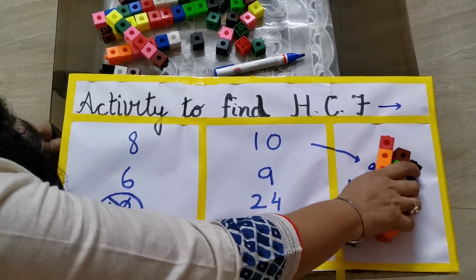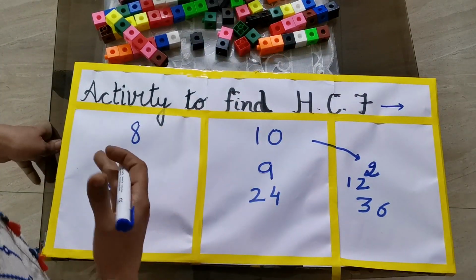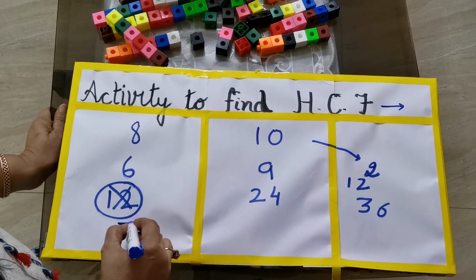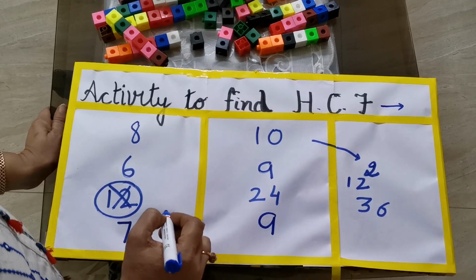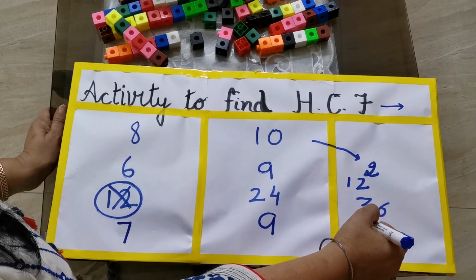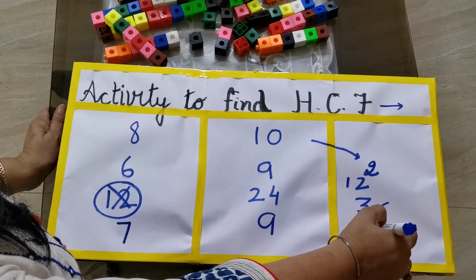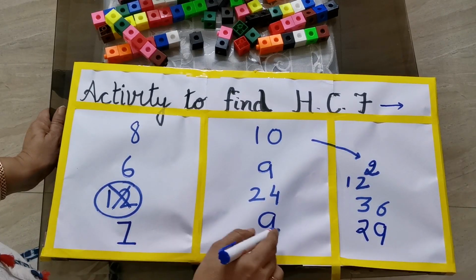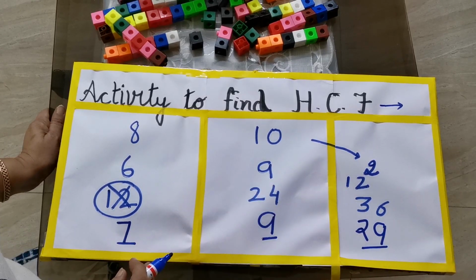But sometimes what happens, we get numbers where there is nothing common. So let's take 7, 9 and 29. All these numbers are co-prime numbers.